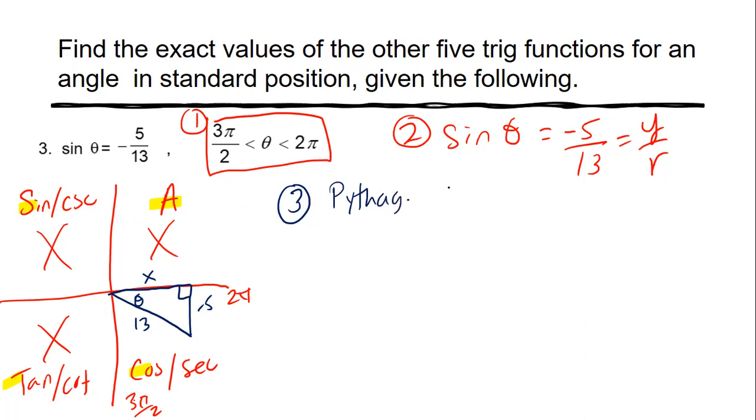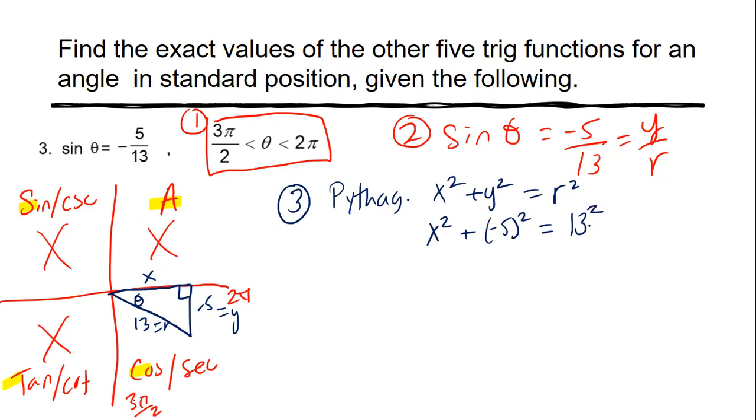Because it's x and y, it's x squared plus y squared equals r squared. We're looking for our x, so we plug in what we have. We're subtracting.